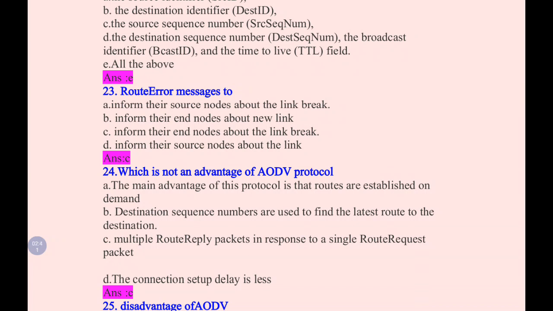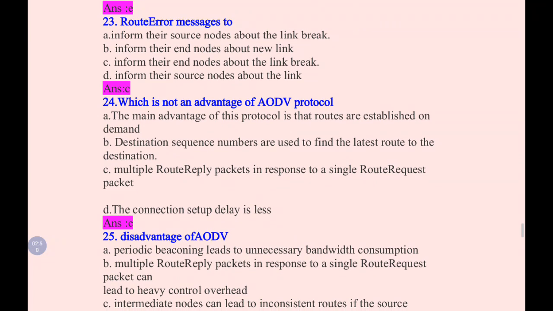And 24th question, which is not an advantage of AODV protocol. So here it is very simple to answer this question because you know very well about the advantages of the protocol. So you can identify which is not an advantage. So the choices are, first thing, the main advantage of this protocol is that routes are established on demand. Okay, that is correct.